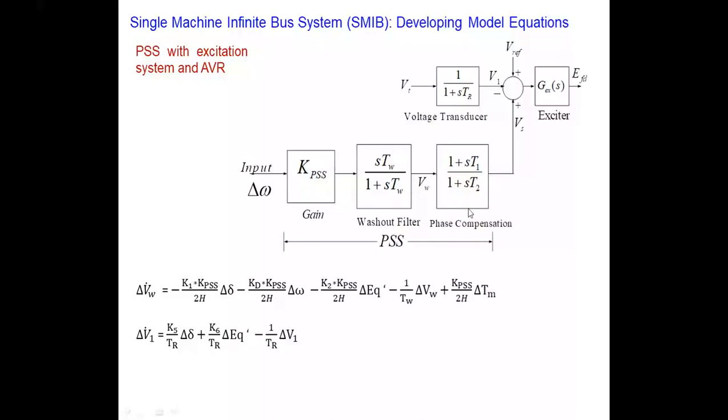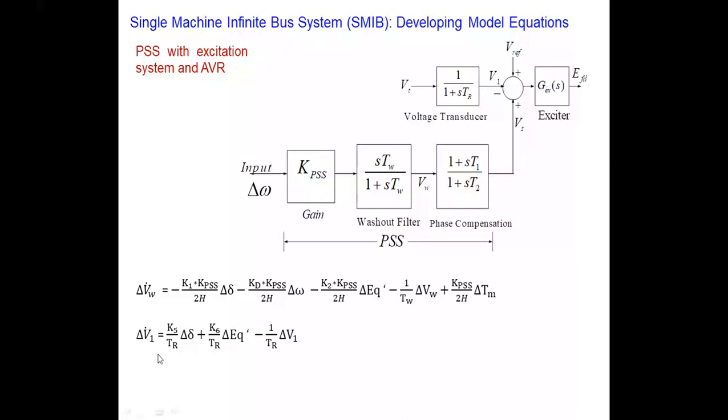So you have some lead lag compensator in the PSS blocks. And if you want to write down the state variable out of here and this state variable out of here, then you can note down these 2 state variables here, right? I think I have not written VS here. What I have here, delta V1, it is this one.